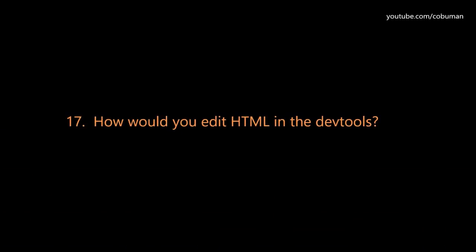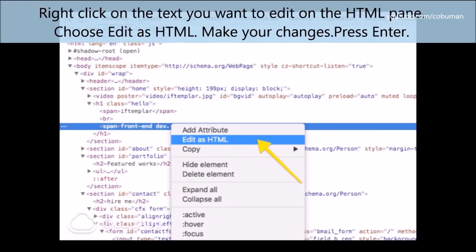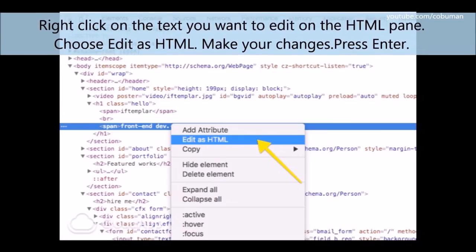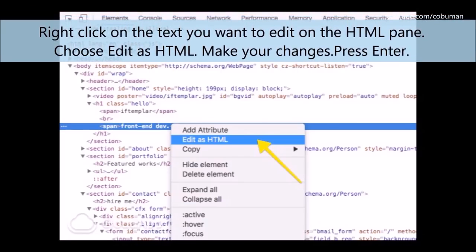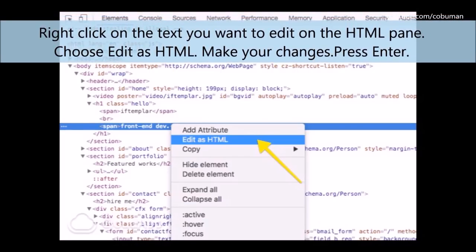Question number 17. How would you edit HTML in the DevTools? Right-click on the text you want to edit on the HTML pane. Choose Edit as HTML, make your changes, and press Enter.